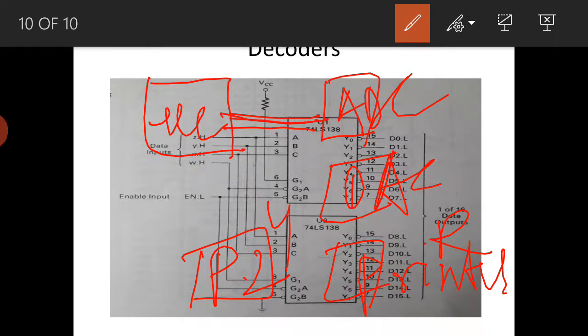So at a time only one device can communicate with the microcontroller.